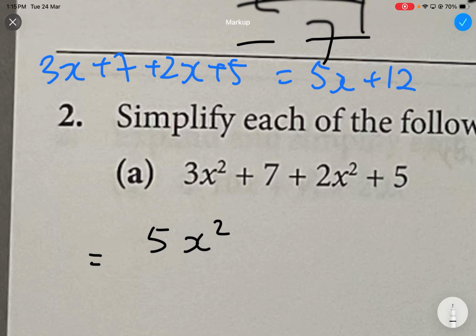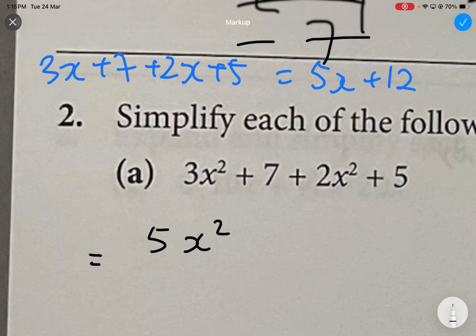I have a 5x squared, I have a 9x squared. So they are the same thing, I can add them together. 5x squared and 9x squared, they are talking about x squares. So we can add them together. 5x squared and 9x squared add together, 14x squared.